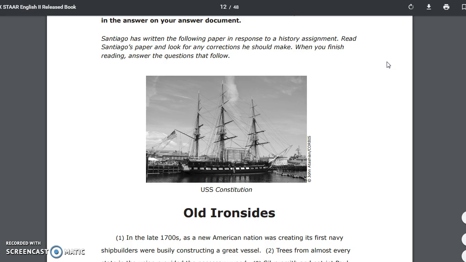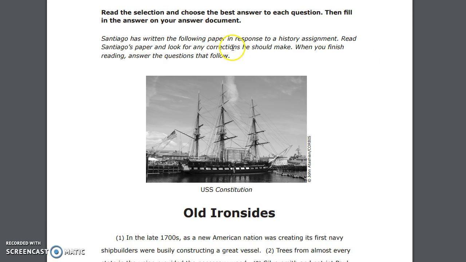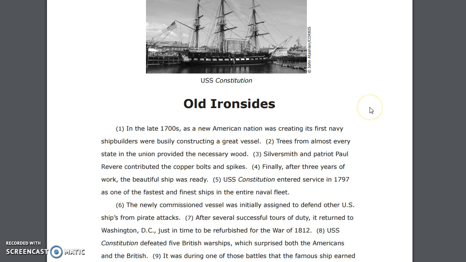Read Santiago's paper and look for any corrections he should make. So in the first two passages, it said revisions. Now it says corrections. When you see the word corrections, you have to know that means editing, meaning I don't really have to read this whole passage because I'm not being asked to change the meaning of it. I'm only being asked to find errors.